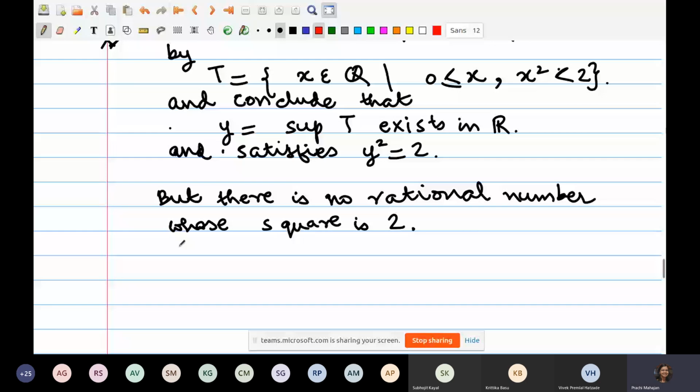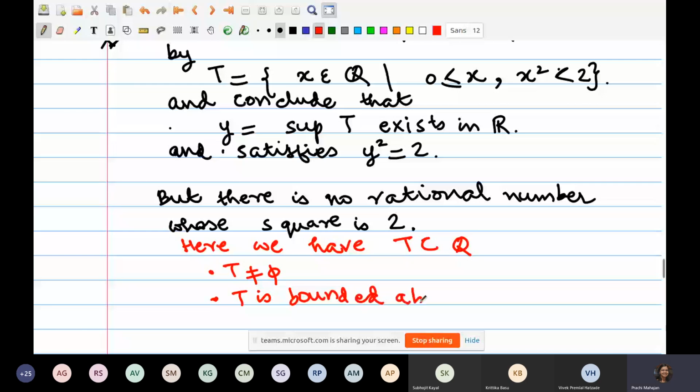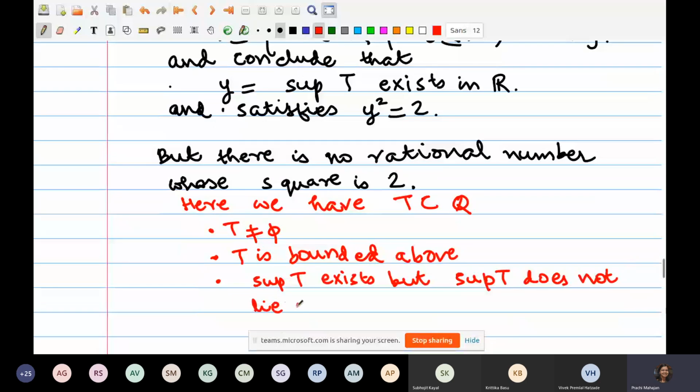Here we have a concrete example: T is a subset of Q, T is non-empty, clearly T is bounded above, and the supremum of T exists, but does not lie in the set of rational numbers.